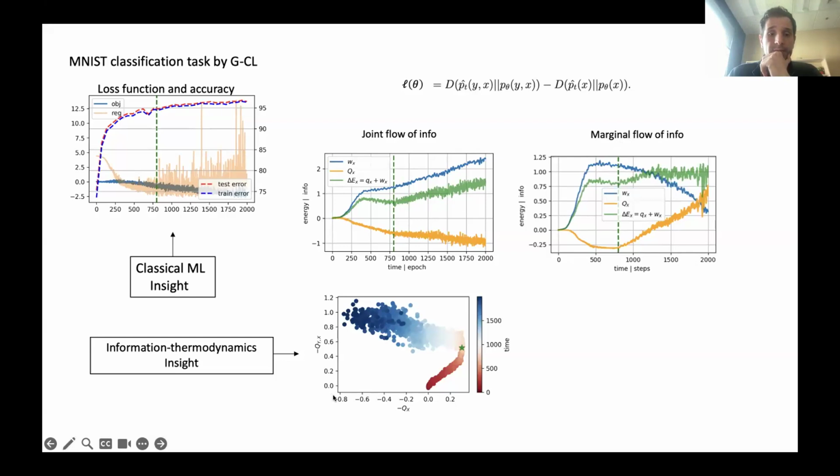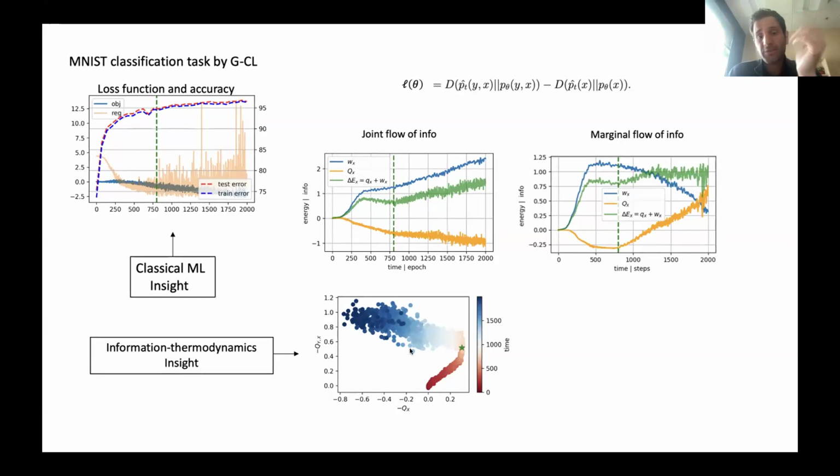And here I also plot heat dissipation from the X subsystem and heat dissipation from the joint subsystem. The interesting observation, which I know matches what Tishby showed, is the compression of data.